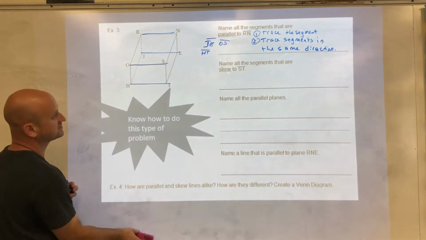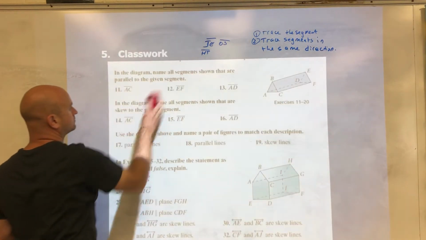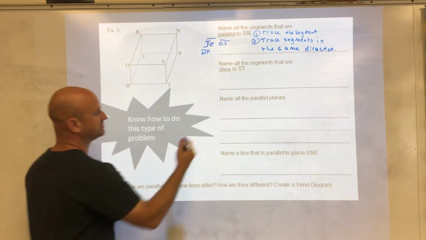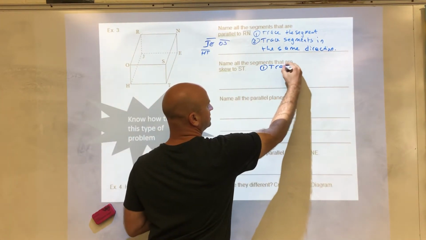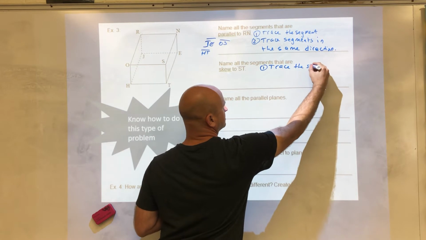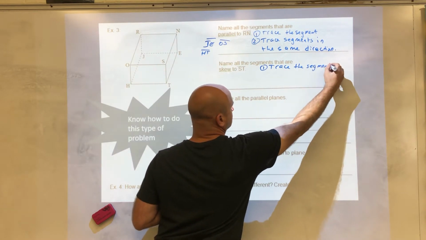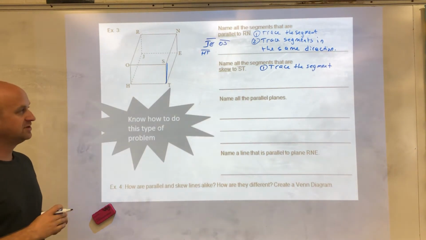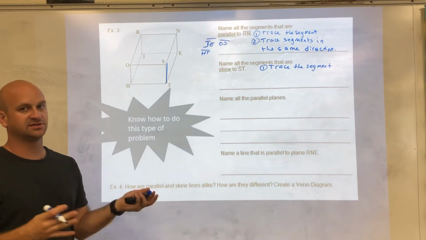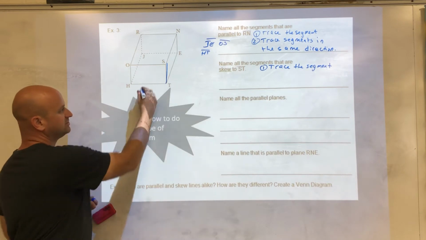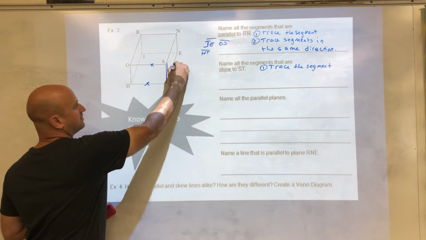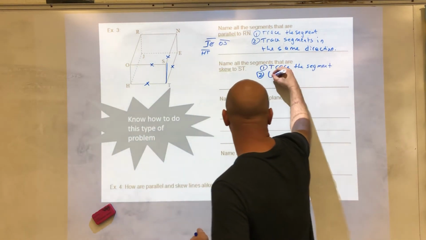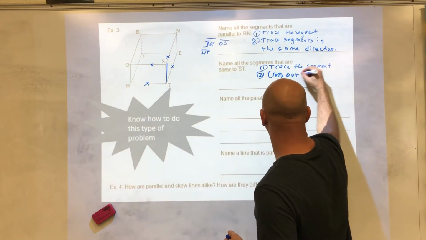All right, now if we wanted skew segments, here we go. The first step is going to be the same. Trace the segment. Okay, so we're going to trace it. Now by definition of skew, we can't have anything that intersects it. So what I'm going to do is cross off any line that intersects that particular segment. So I'm going to cross out the intersections.